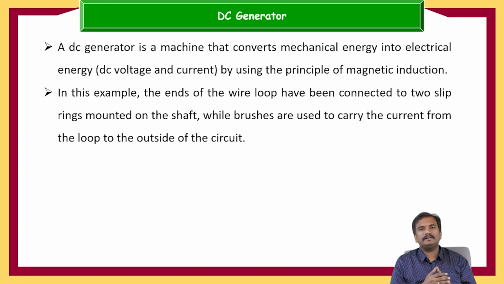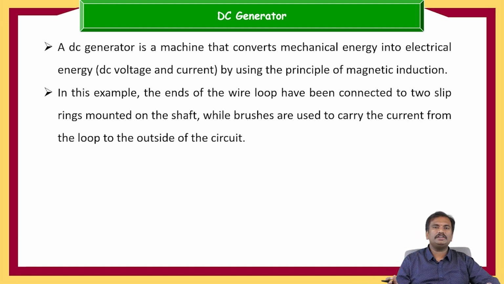How does it generate? Because we know that energy cannot be created nor destroyed. Energy will transform from one form of energy to another form of energy. So, one form of energy is required to convert into another form. Which form of energy is converted into electrical energy?